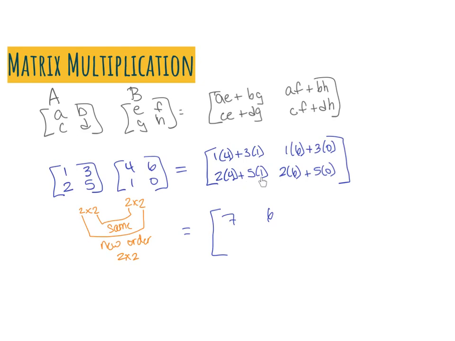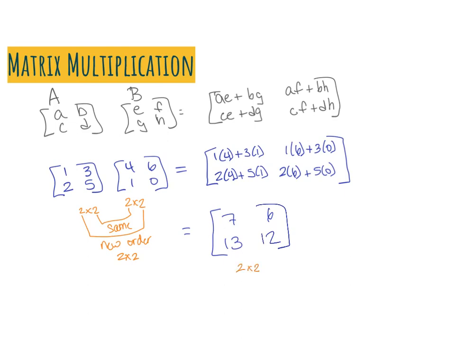On the bottom, second row, first column, 2 times 4 is 8, plus 5, 8 plus 5 is 13. And the last entry, 2 times 6 is 12, plus 5 times 0 is 0, so that's going to give me 12.